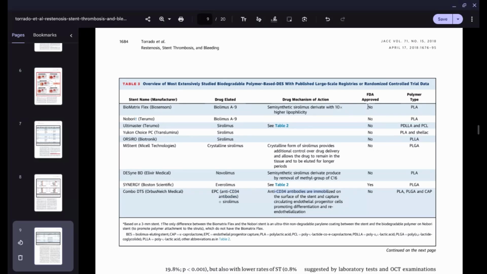And then has the FDA approved it? No, except for one of them, Synergy, Boston Scientific. That's the only one that has FDA approval. What polymer type is used? I suppose polylactic acid, and then variants of that, polylactic, capro. A couple of variants of lactic acid: PLA, PLLA, PLGA, mostly that.